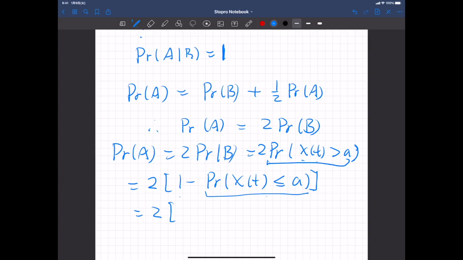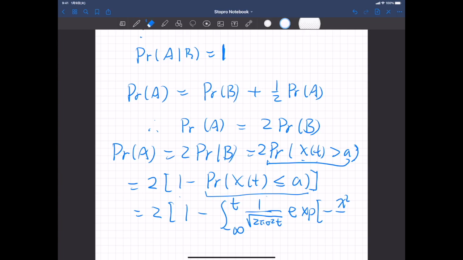So that is this integral from negative infinity to t of this 1 over square root of 2 pi sigma squared t and exponential of minus x squared. Oh, wait a minute. This is not t, but this is A. And 2 sigma squared t dx.